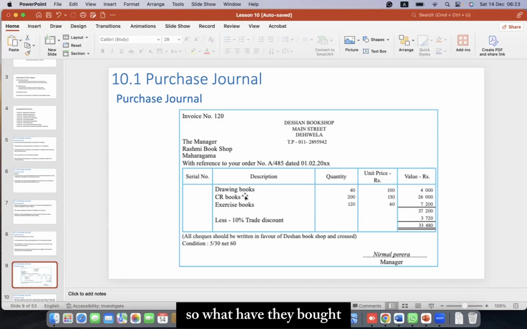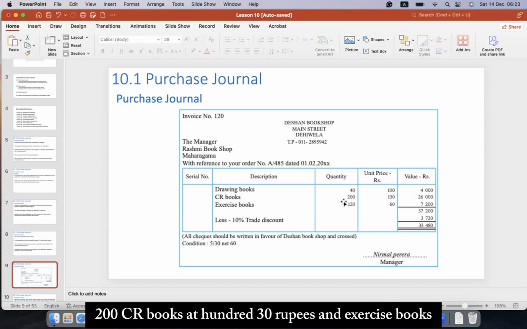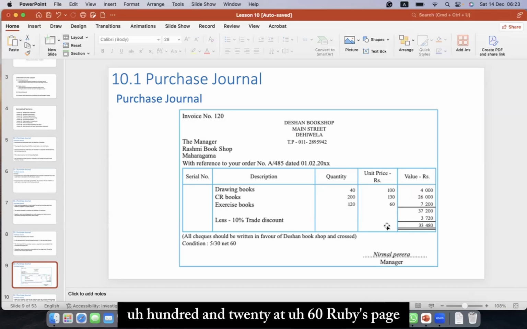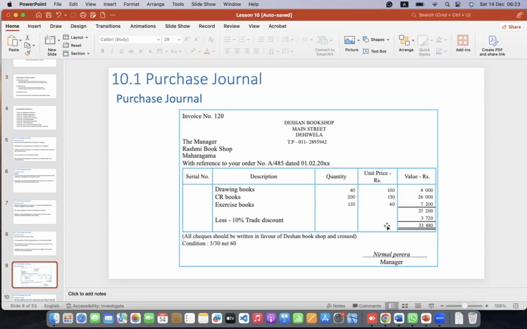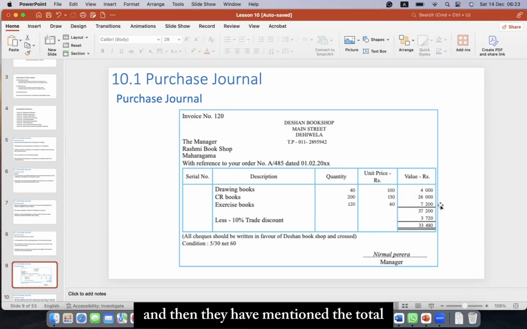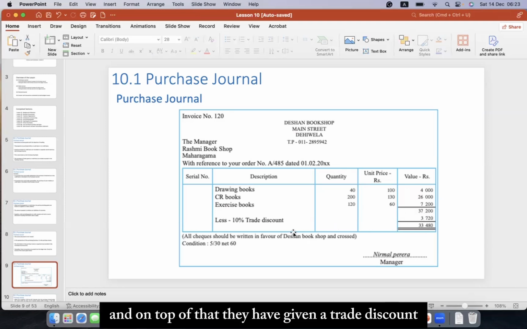So what have they bought? They have bought 40 drawing books at 100 rupees, 200 CR books at 130 rupees, and 120 exercise books at 60 rupees each. Then they have mentioned the total, and on top of that they have given a trade discount.